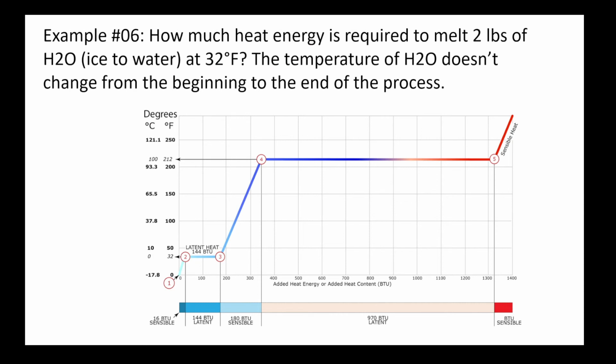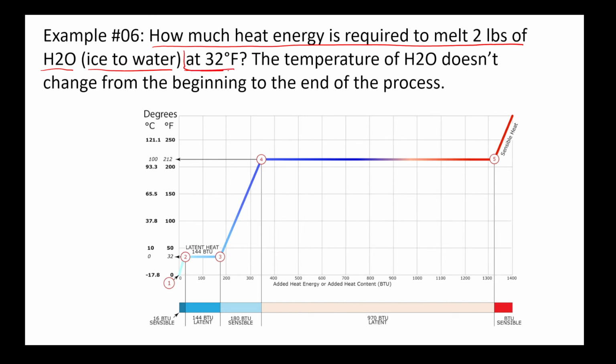And for example number 6, how much heat energy is required to melt 2 pounds of H2O, meaning to go from ice to water, at 32 degrees Fahrenheit.